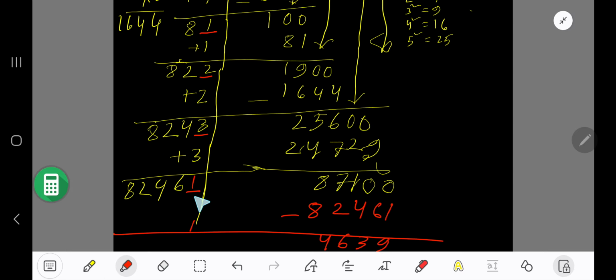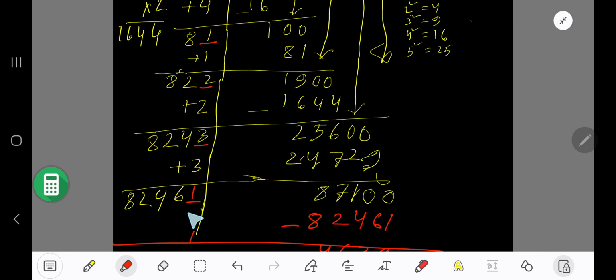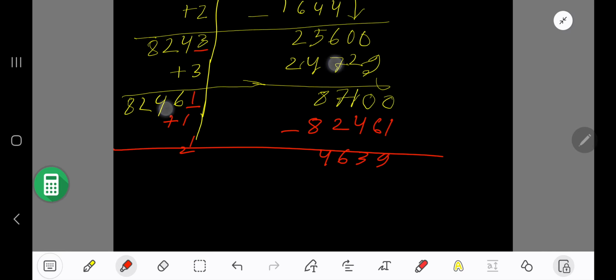Since we have placed 1 here, the same thing will come under this divisor, and you need to add. 2, 6, 4, 2, 8. Okay, 82,462.